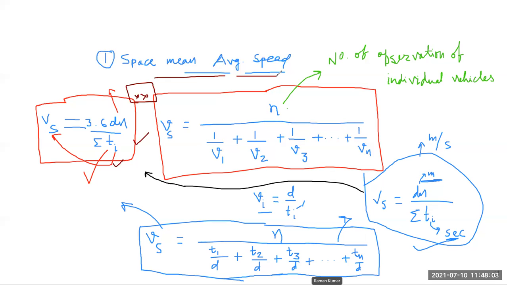I covered spot speed, and I covered space mean average speed. Next is time mean average speed.